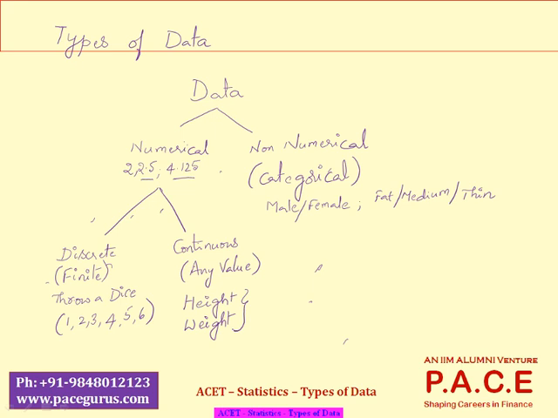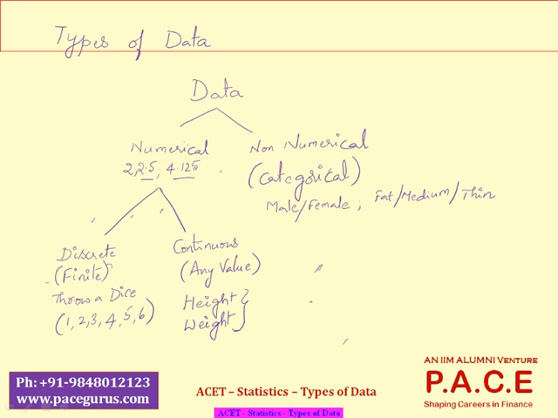So, both are numbers, but within the numbers, we have a classification of finite as well as infinite. It is discrete data if I can count how many possibilities can occur, and it is continuous data if infinite possibilities can occur, and almost any set of values is possible within a particular range.